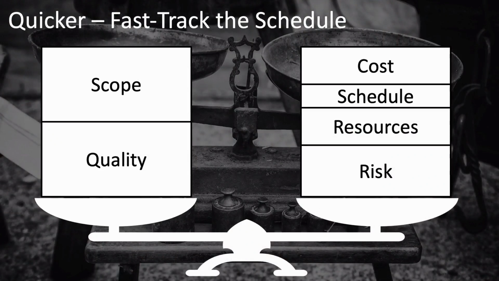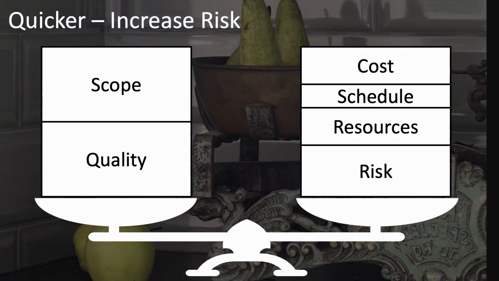And this is what a fast-tracking approach looks like using the scales. The cost and resources are the same. We've reduced the schedule, but we've purchased that at the cost of increased risk. Now let's suppose that you decide to reduce the schedule by simply operating some machinery at a faster pace.